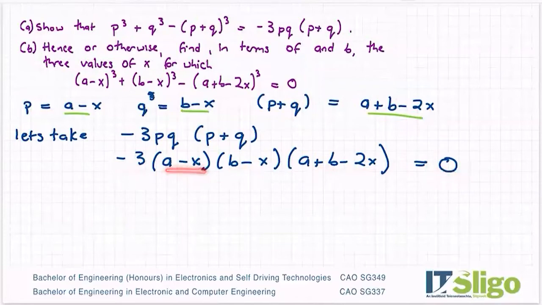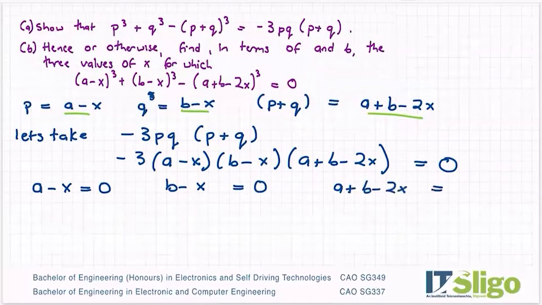Okay, so let's do that. Let's let A minus X be 0. Let's let this factor equal 0. Let's let this factor equal 0. So it's a bit like a quadratic with 2 factors equal to 0, and you let each bracket equal 0. So that's really what I'm doing here.